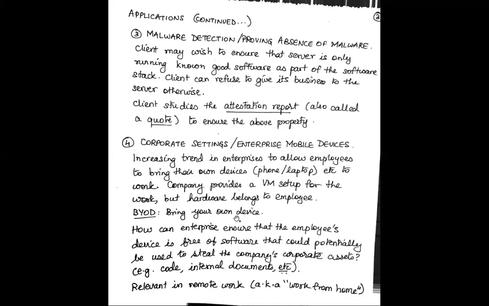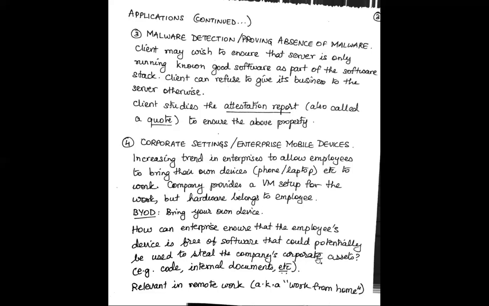The only problem here is, of course, how can the enterprise ensure that the employee's device is free of software that may, for example, snoop into the enterprise work environment. Okay, so the employee may be malicious. They may have some sort of malware that's installed on their machine that is going to look into the state of this virtual machine and steal the corporate secrets.